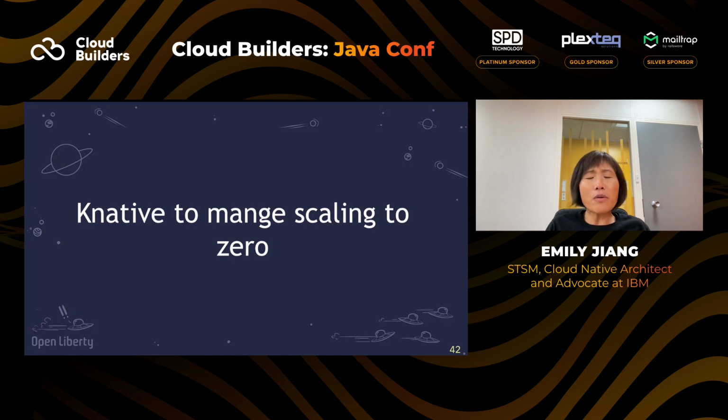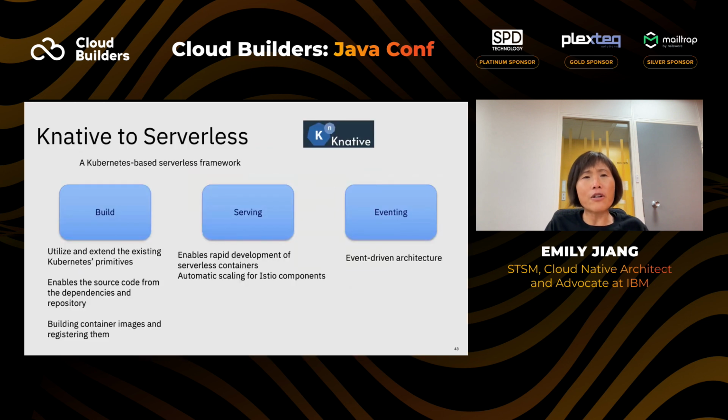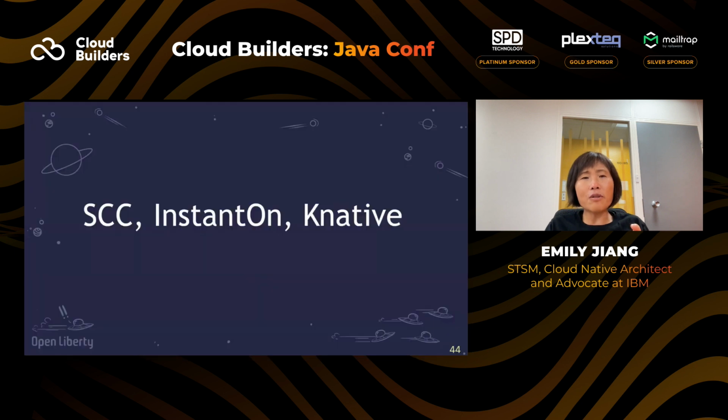When we talk about serverless, first you will talk about Knative. Knative is a technology that implements serverless, managing scale to zero. It has 3 pillars: build, serving, and eventing. Build provides you with builder tools, and serving is the main pillar, which basically supports scale to zero.